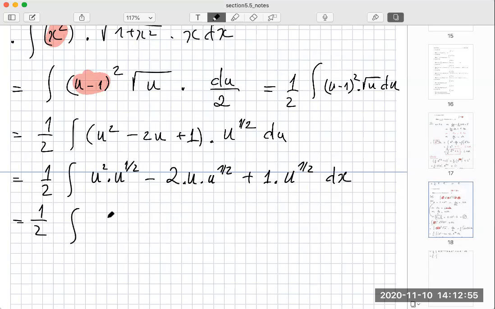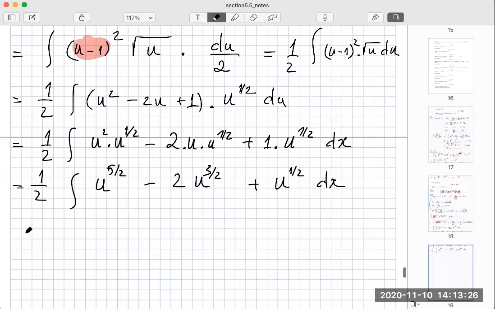And each of them, we can compute easily. So what is u squared times u to the 1/2? Very good. It is u to the 5/2 minus 2 times u to the 3/2, and u to the 1/2 times 1.